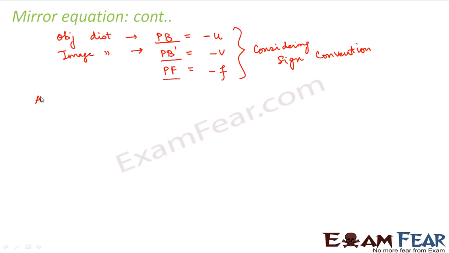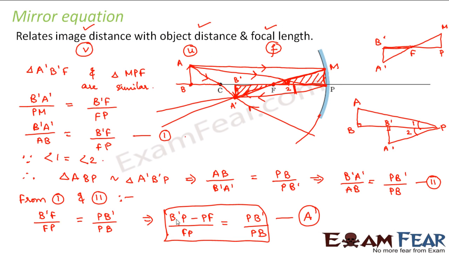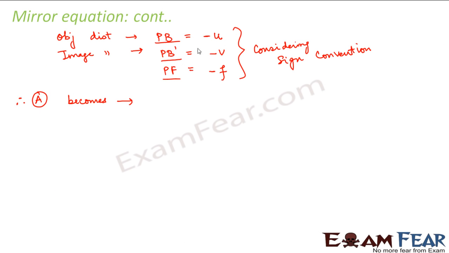Therefore, equation A becomes, now what will happen to equation A? This was your equation A, right? PB dash minus PF by FP. So we'll just replace these values. PB dash is nothing but minus v.